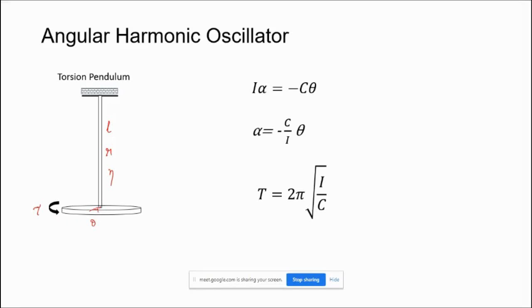There is a corresponding twist at the end of the wire, theta, which results in development of restoring torque C theta. Here C is the couple per unit twist, which depends on the characteristics of the wire. It is given as pi eta r power 4 by 2L.